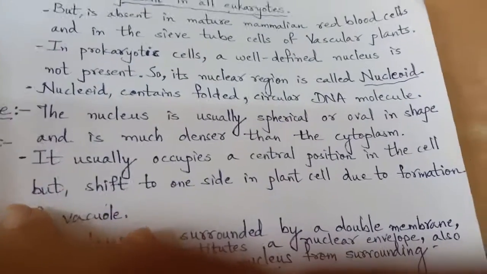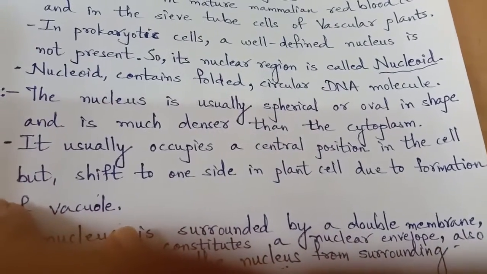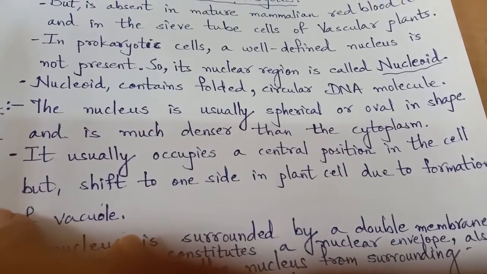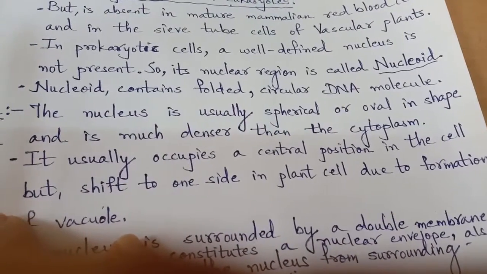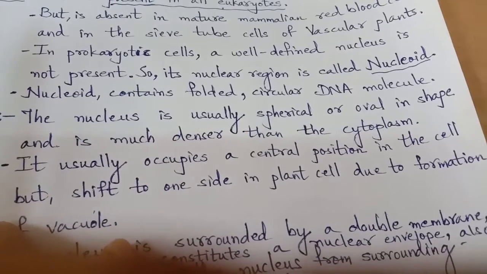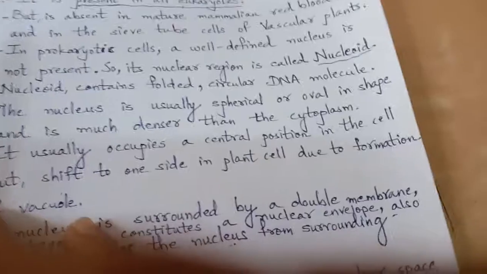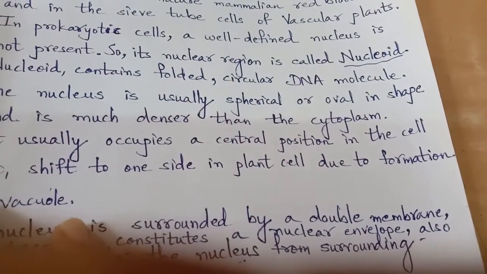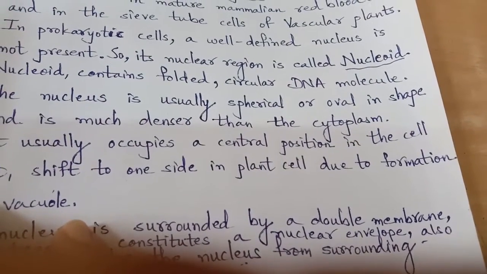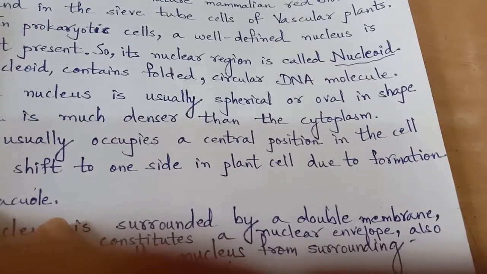As we know from the earlier video, I have explained the eukaryotic cell, with a well-developed nucleus, and the prokaryotic cell, not well developed. So a well-defined nucleus is not present in prokaryotic cells. And so the nuclear region in a prokaryotic cell is called the nucleoid.